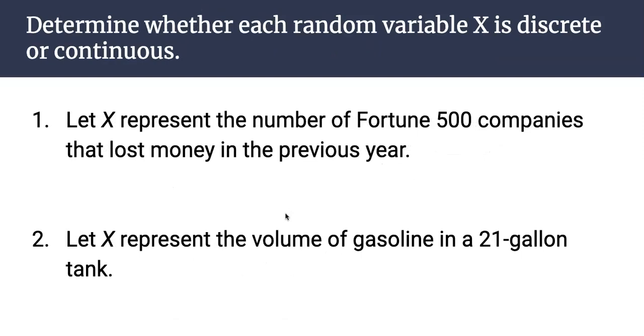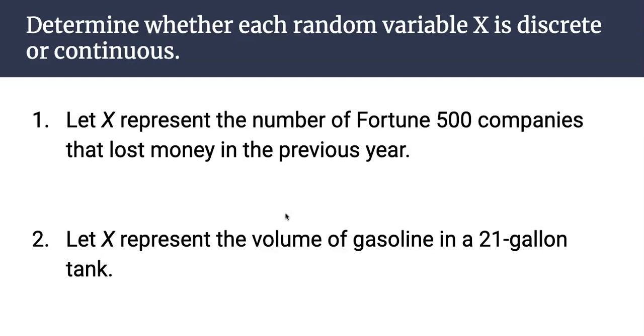So let's do an example. Determine whether each random variable x is discrete or continuous. Let me read number 1. Let x represent the number of Fortune 500 companies that lost money in the previous year. What do you think? That number is going to be just a whole number, right?